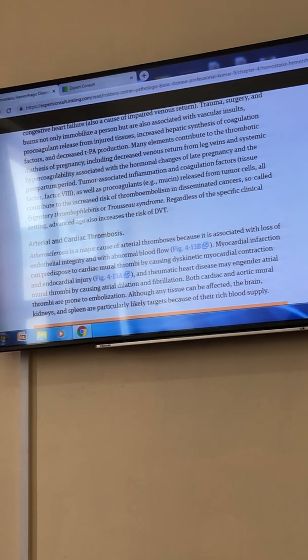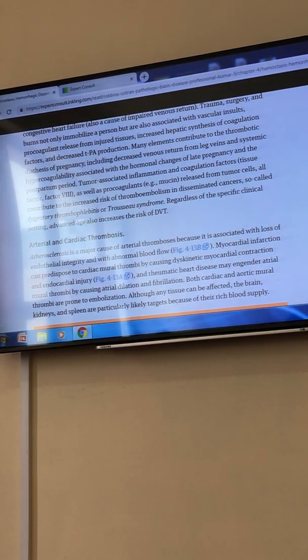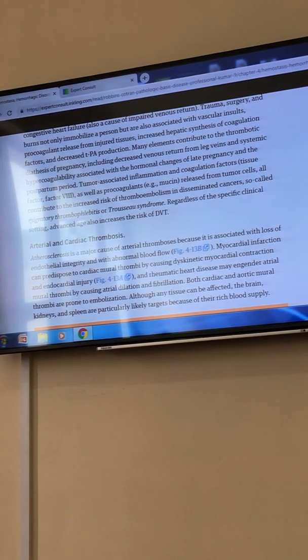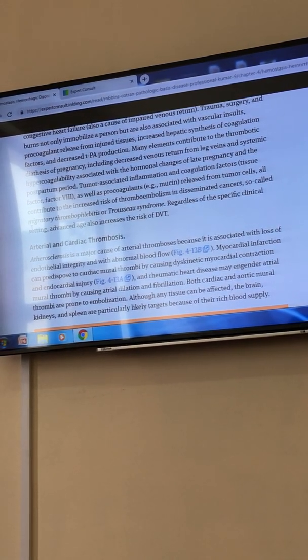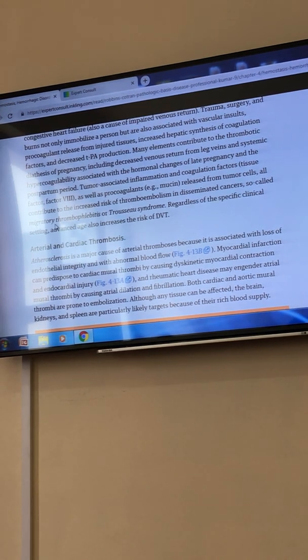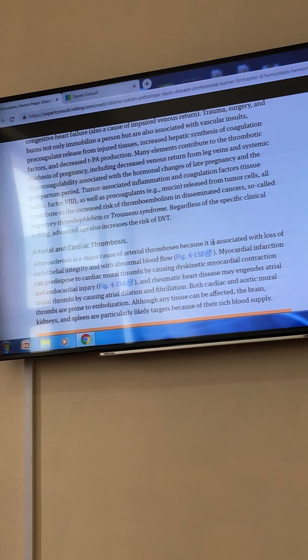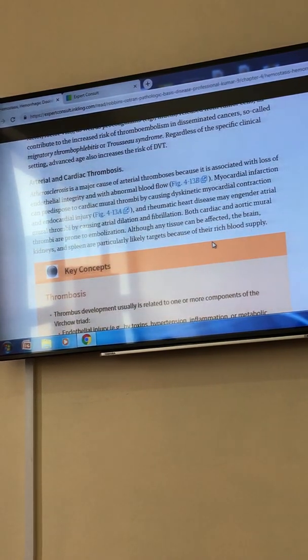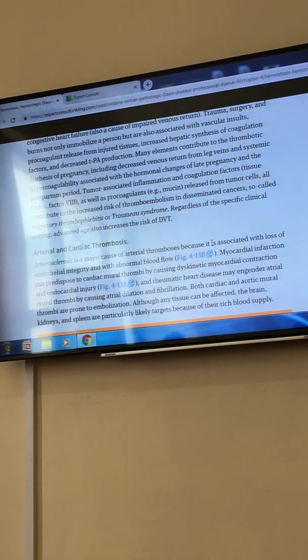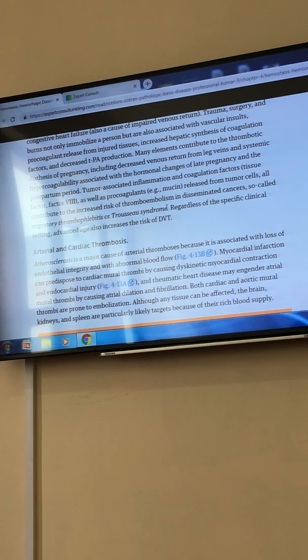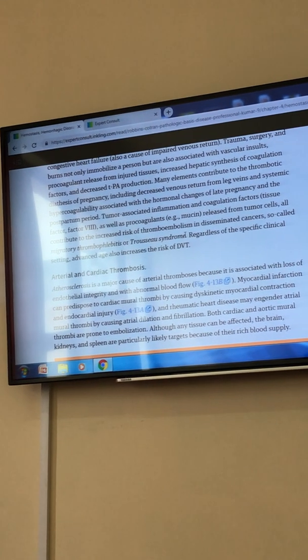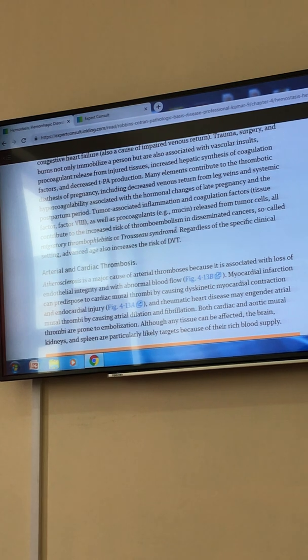This thrombosis can migrate to different areas in the body, and in these patients it is called migratory thrombophlebitis or Trousseau syndrome. Cancer increases the risk of thrombosis, not thrombocytes, thrombosis. Thrombocyte is platelet.